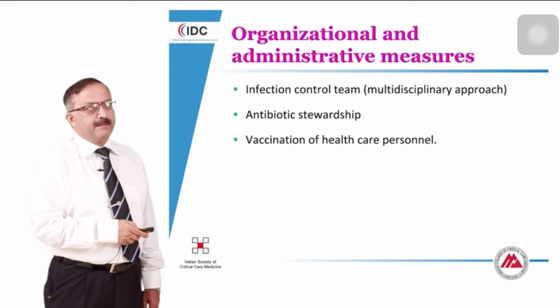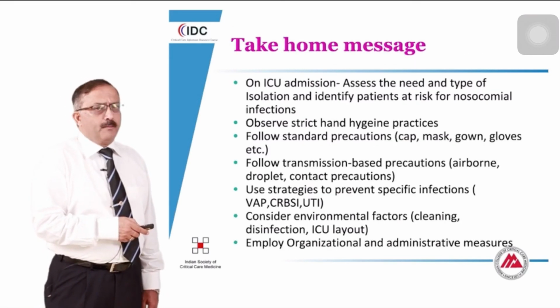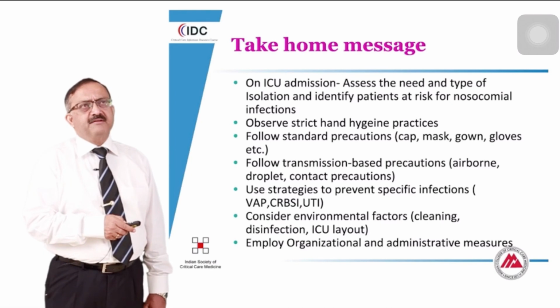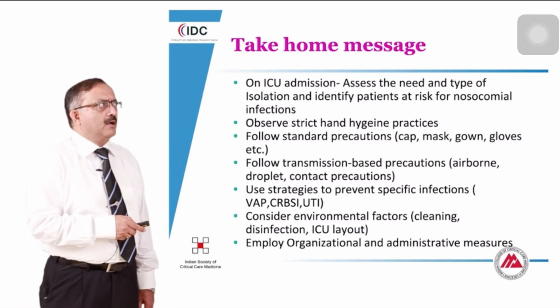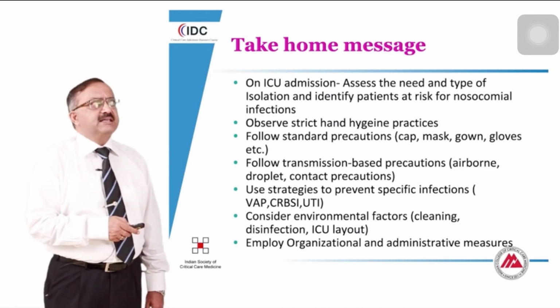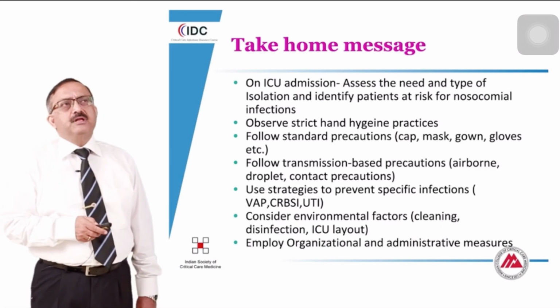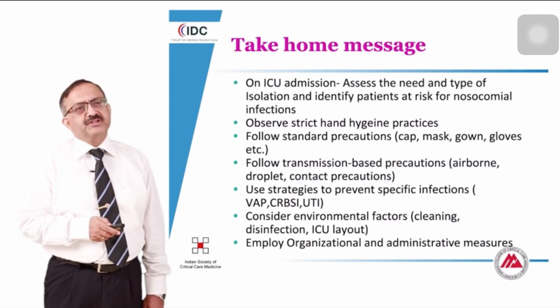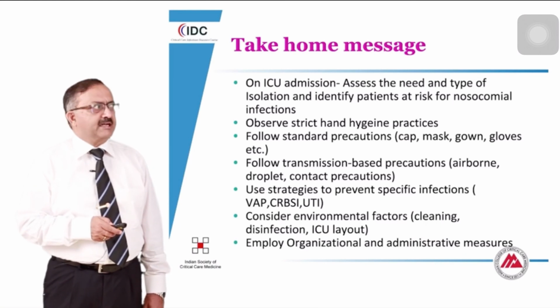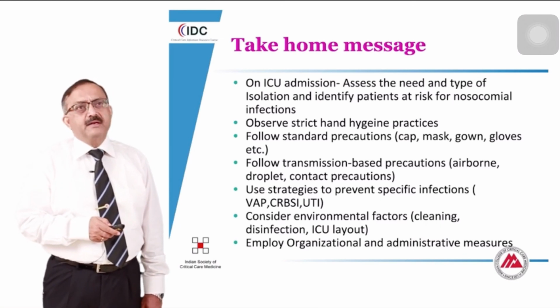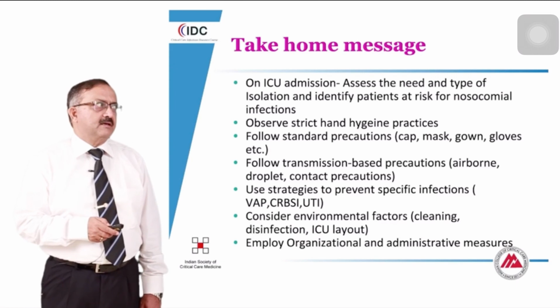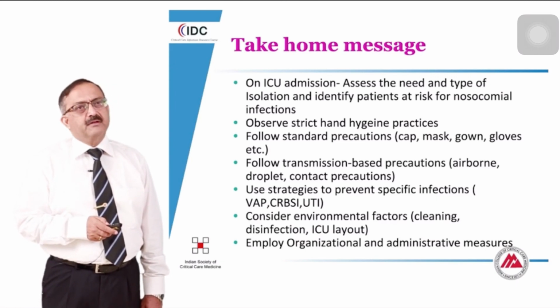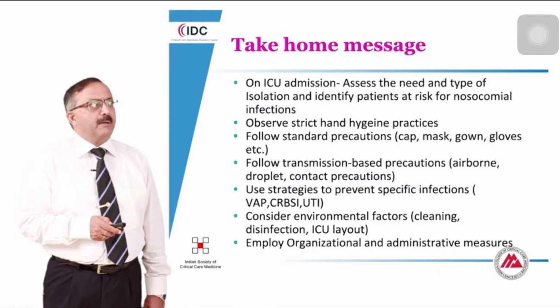Vaccination of healthcare personnel. Take home message finally, as far as infection control is concerned: on ICU admission, assess the need and type of isolation and identify patients at risk of getting infection in the critical care setting. Observe strict hand hygiene practices. Follow standard precautions for personal protection, that is the use of gloves, gowns, caps and masks.